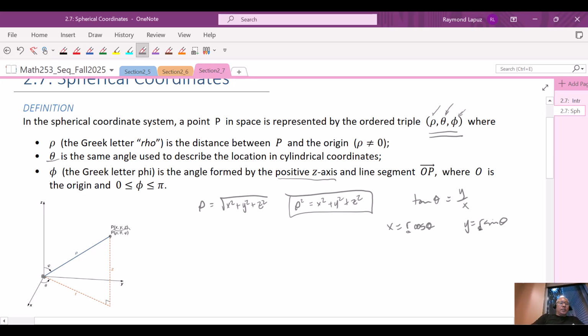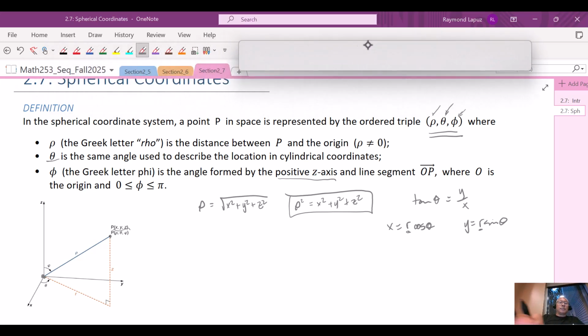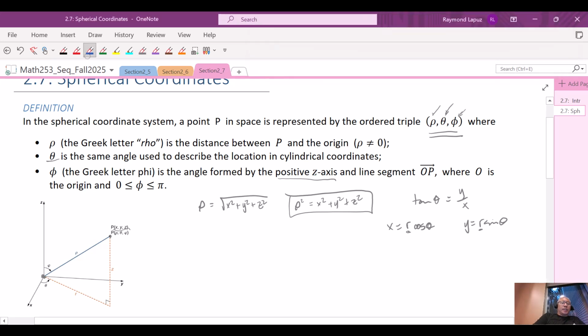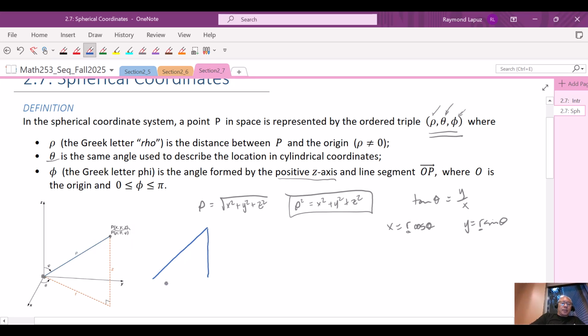What we're going to do is look at this triangle from a slightly different point of view. Let's look at this triangle flat and identify the different parts of this triangle. This is the 90-degree angle down here.